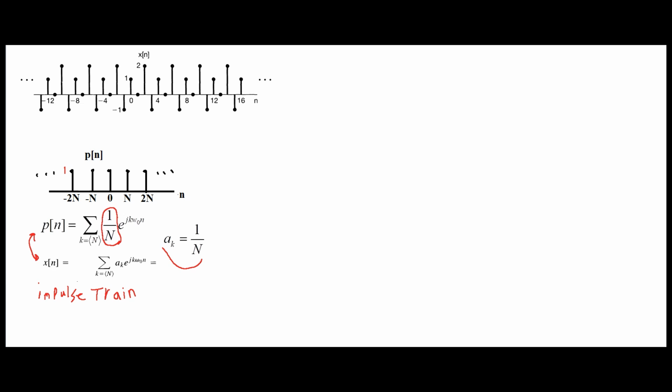So we can say AK equals 1 over n. Now, if for example we have 2Pn, then its coefficients will be AK equals 2 over n. This is a very common signal that we use frequently.